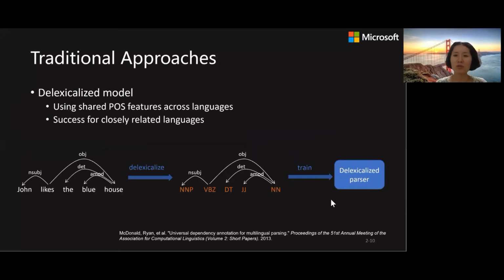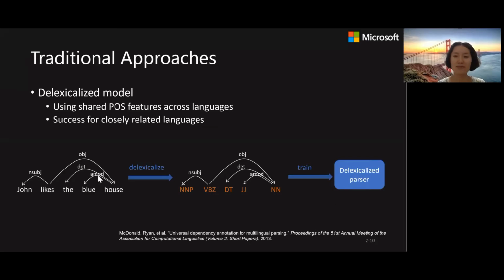Cross-lingual dependency parsing has a long history. Before multilingual embeddings were derived, a popular approach for model transfer was to train a delexicalized model. The basic idea is simple. Given a source language treebank, we first delexicalize the input sentence into part-of-speech features.